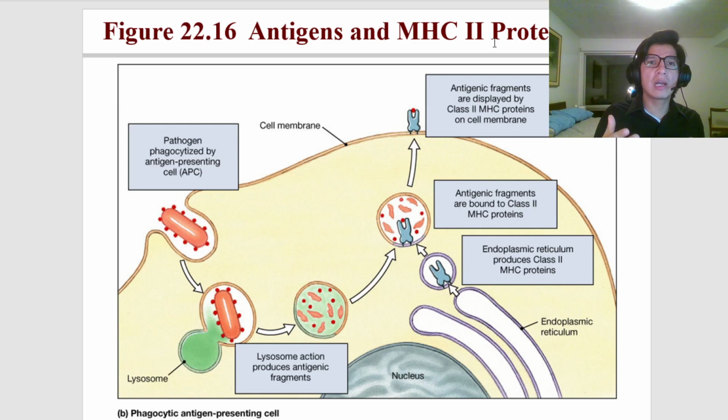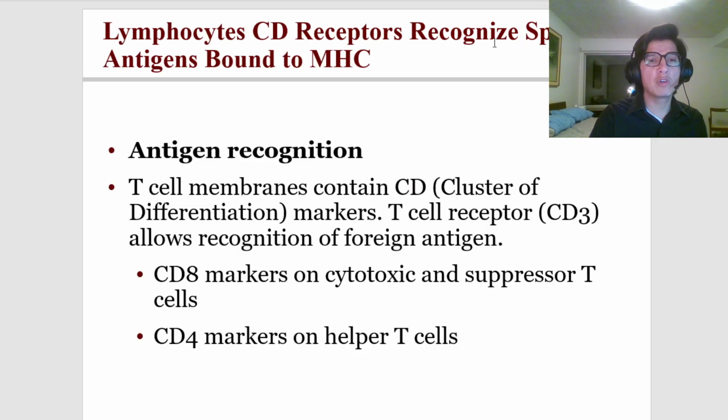Now let's look at how the lymphocytes recognize this, because it's a lock and key mechanism that allows this interplay to occur. So let's look at the specific components that allow this recognition.